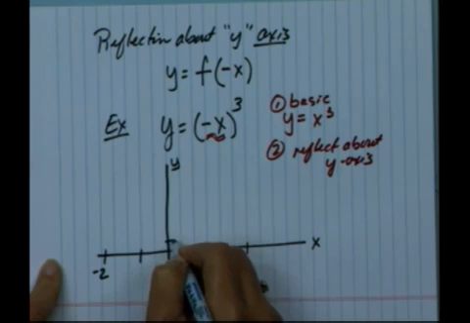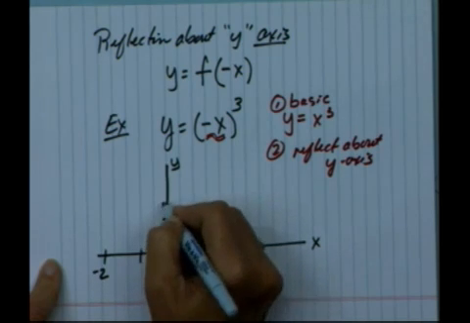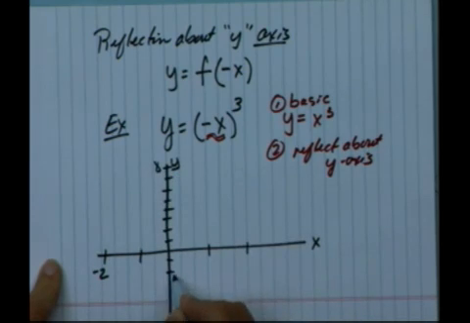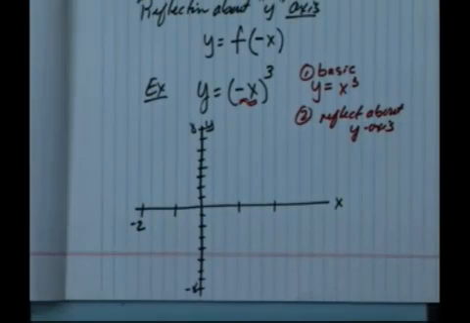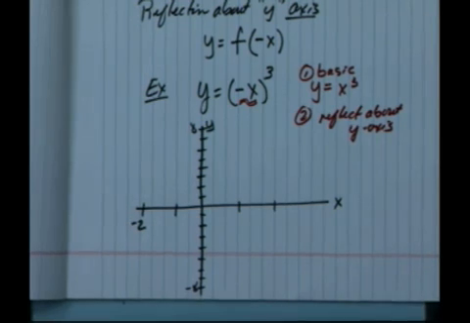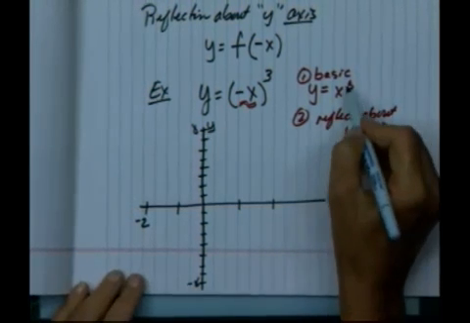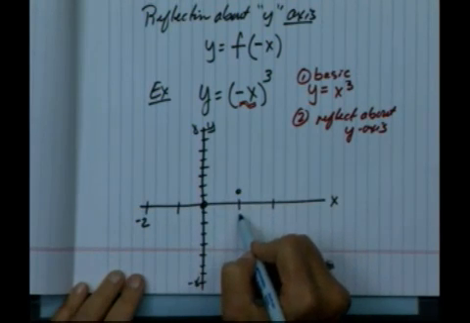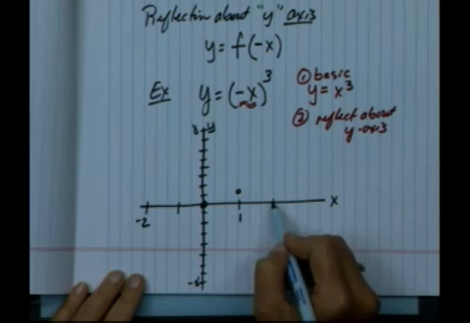Great. Let's see. 1, 2, 3, 4, 5, 6, 7, 8. 1, 2, 3, 4, 5, 6, 7, negative 8. Okay. All right. The first thing I'm going to do is graph the basic y equals x cubed. 0, 0, 1, 1, and 2, 8.